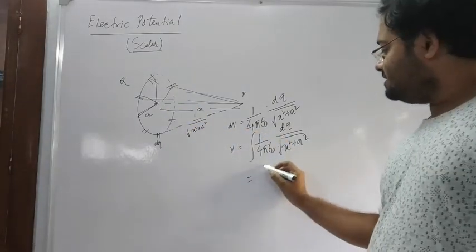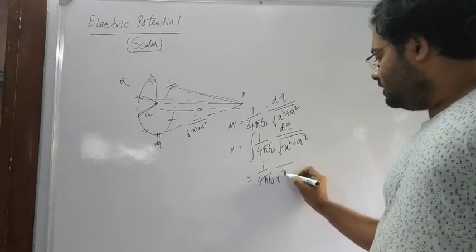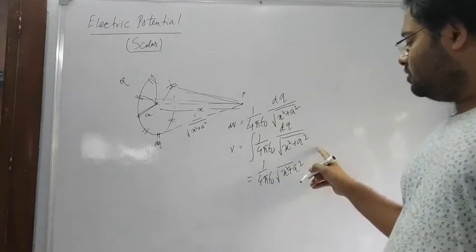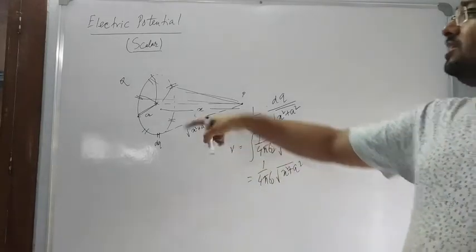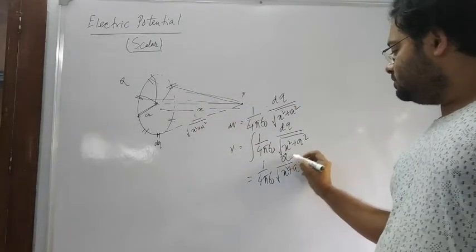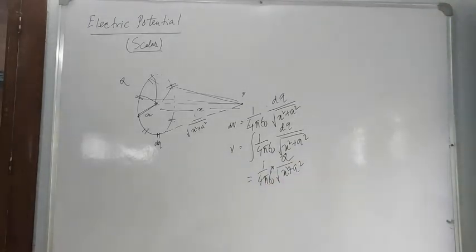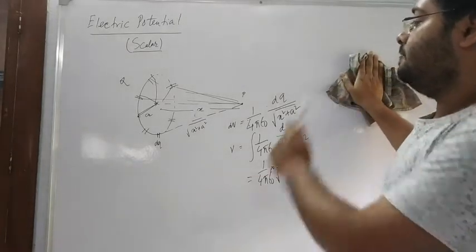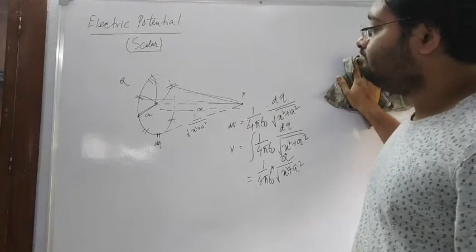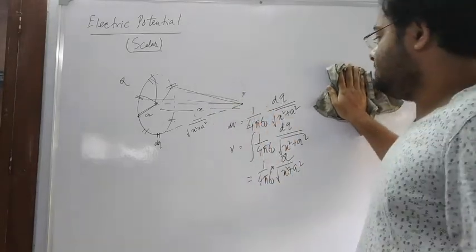So this is just 1 by 4 pi epsilon naught root over x square plus a square, a constant that is taken outside the integration, and integration of dq is basically Q, which is the total charge. Okay. So this is the potential due to a charged ring at a point which is on the axis. I think I can show you how to calculate the electric field in this case.